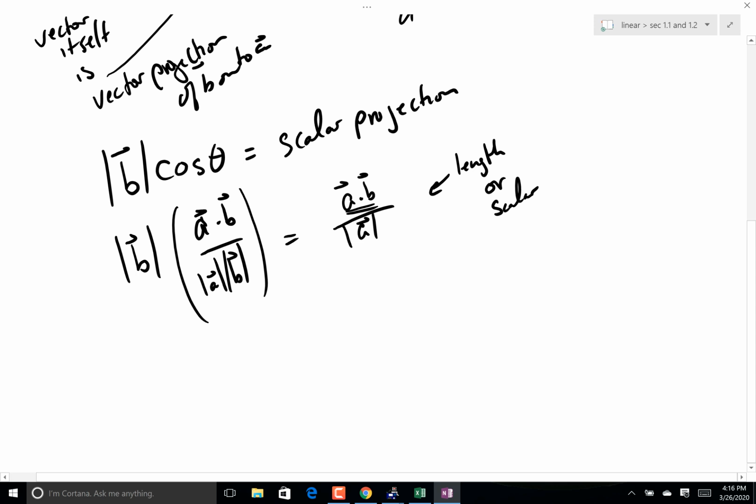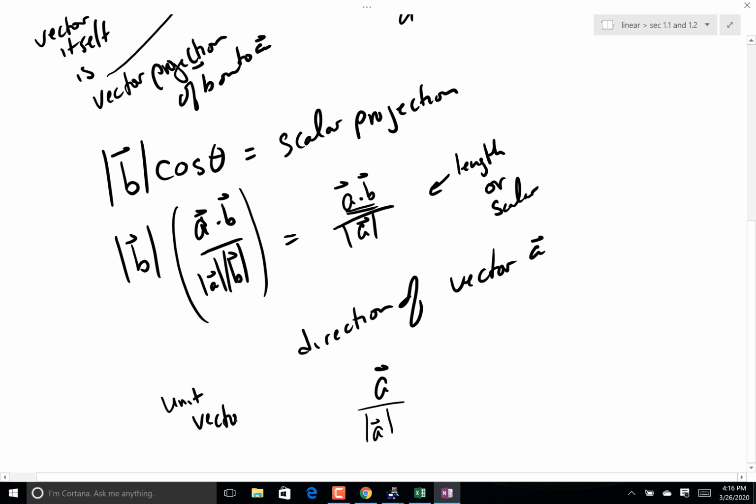Well, which direction is this going? It's going in the direction of vector A. If only I could find a vector that's going the same direction as A but has a length of 1. You can. This is what is referred to as a unit vector. It has a magnitude of 1.